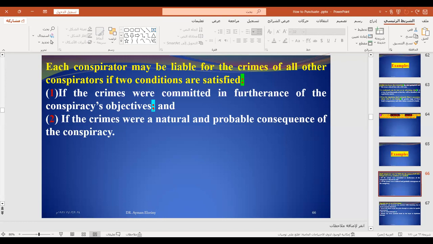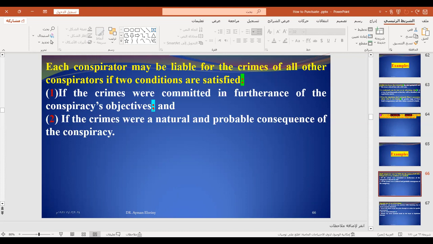Give attention to the following step. If two conditions are satisfied, colon in such position. Why? Because the next list will provide such conditions. So after satisfied, we have to put colon.